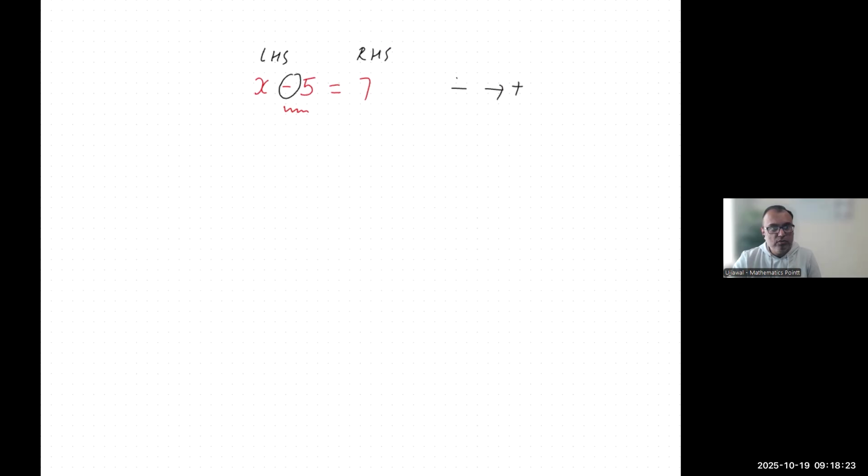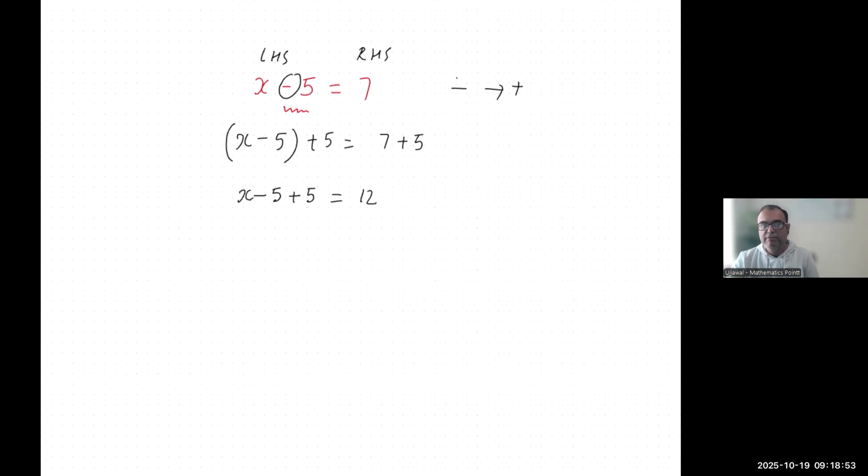So I will put the bracket and I will add 5 on both sides. And now, when I open the bracket up, I have x minus 5 plus 5 equals 12.